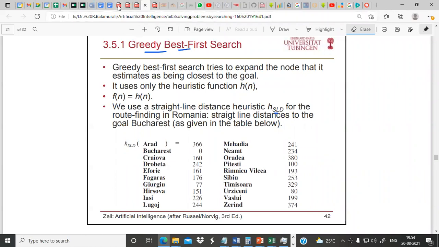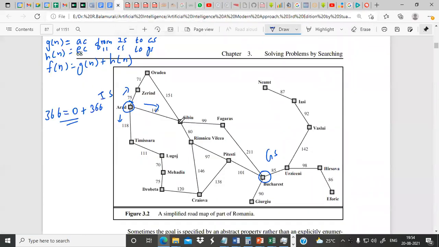So now let us see the map. From CPU, what are the paths we have? From CPU, you can go to Ruminseville CA, you can go to Fagares, you can go to Arad, or you can go to Oradia. So there are four possibilities we have. What are they? Ruminseville CA at the cost of 80.